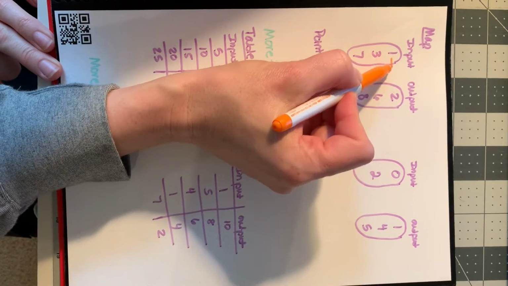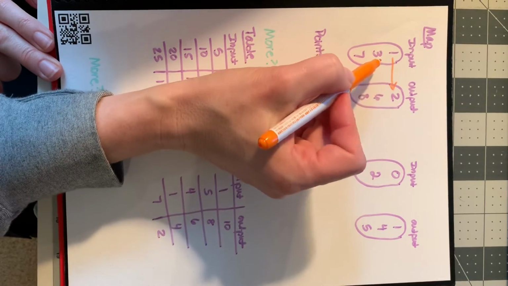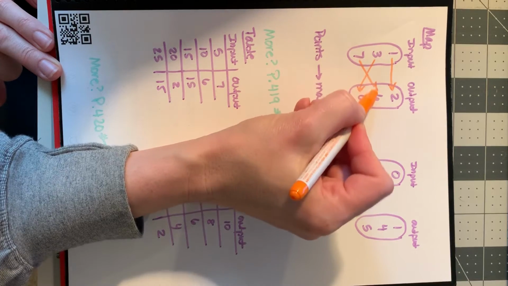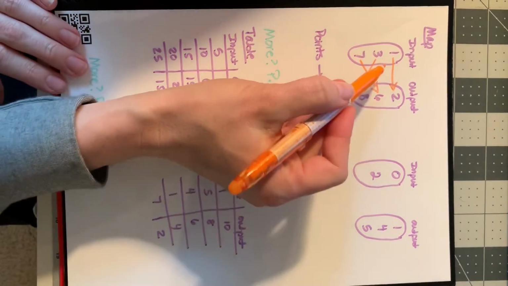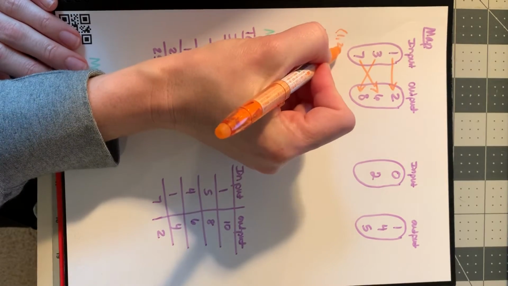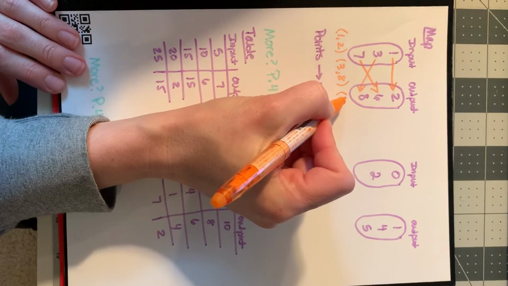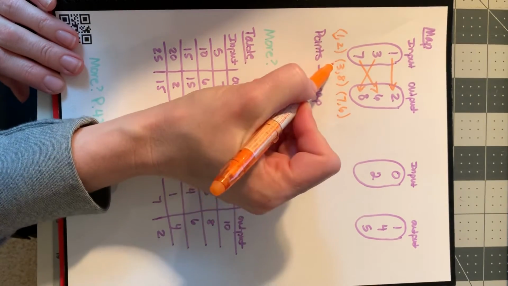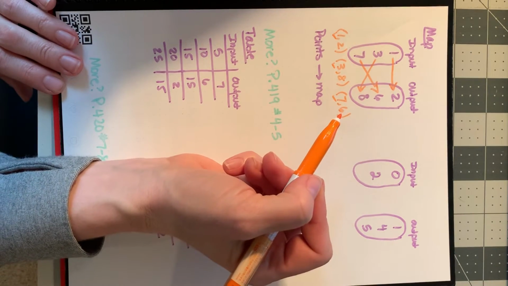Well, in this case, I'm going to tell you that the 1 is matched to the 2, the 3 is matched to the 8, and the 7 is matched to the 6. If I translated those and looked at points, I'm going to have a 1 and a 2, a 3 and an 8, a 7 and a 6. And we can see that every input is only used once, so this is a function.